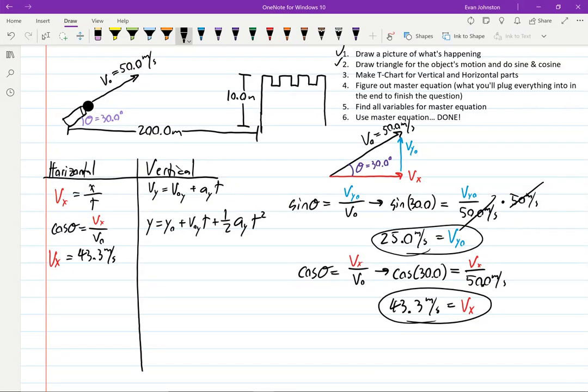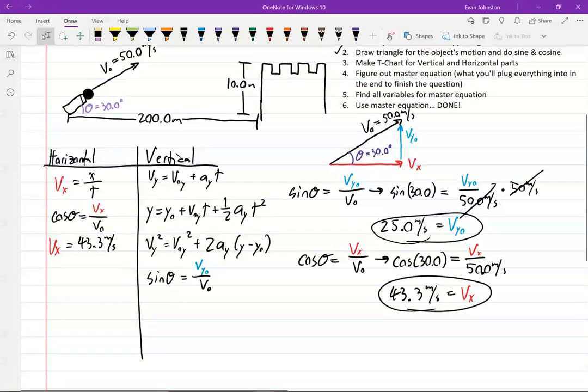Don't forget that squared. And then we have the final velocity squared is the initial squared plus twice the acceleration in y times the difference from where it starts and ends. Plus this sine stuff too, right? So we now have sine of our angle is our initial y velocity over the initial.